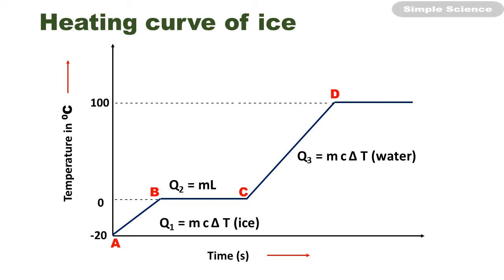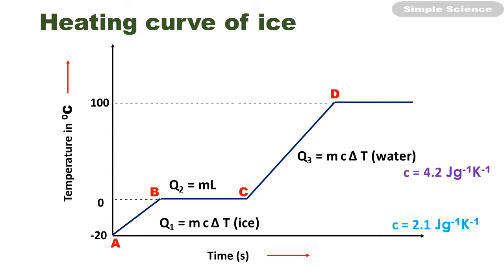Now heat is absorbed for melting of ice at 0 degree Celsius to water at 0 degree Celsius, and then from water at 0 degree Celsius to water at 100 degree Celsius. Now the specific heat capacity of ice is 2.1 joule gram power minus 1 Kelvin power minus 1, and specific heat capacity of water is 4.2 joule gram power minus 1 Kelvin power minus 1.